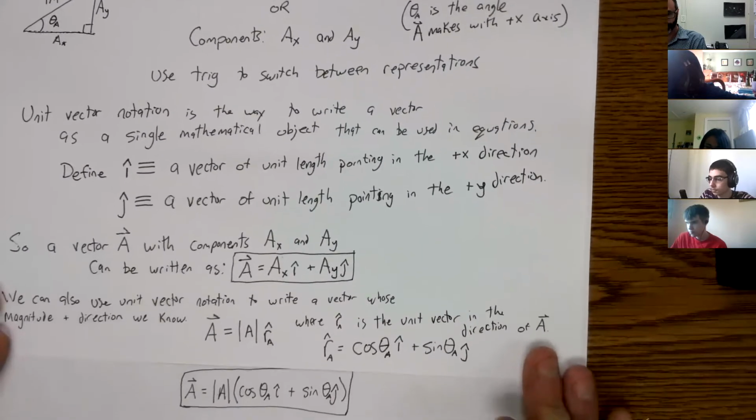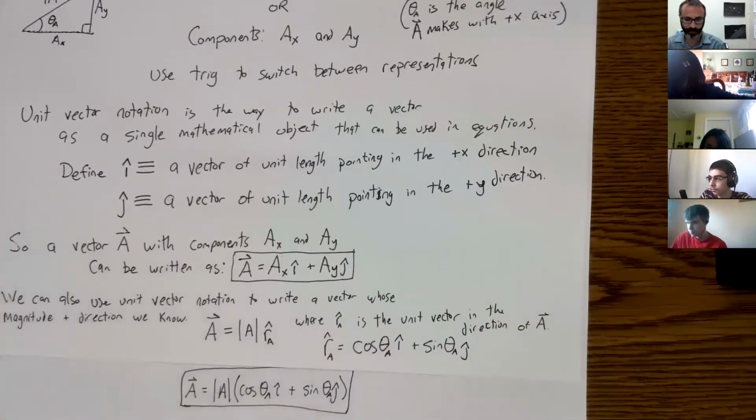I got everything. That's cool. So that's the end of the unit vector notation math interlude. Are there any questions about this specifically?